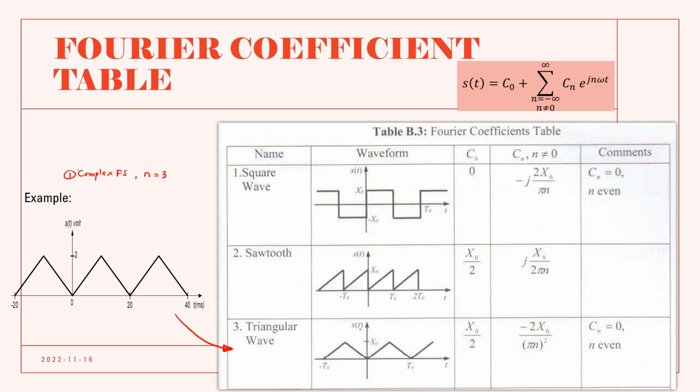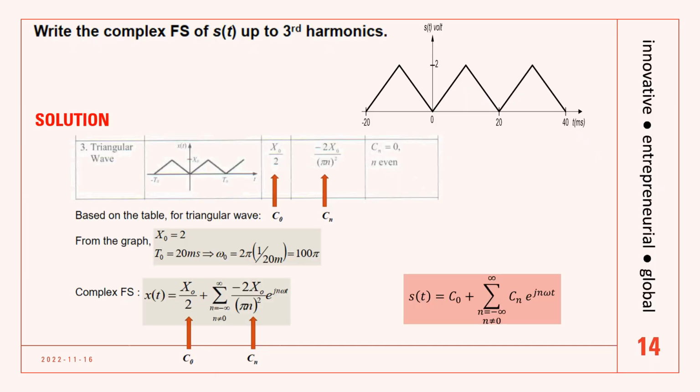From this triangular wave, we know that the C naught component is x naught divided by 2. Now look back again to this wave. Where is your x naught? This is your x naught, and this is your t naught.